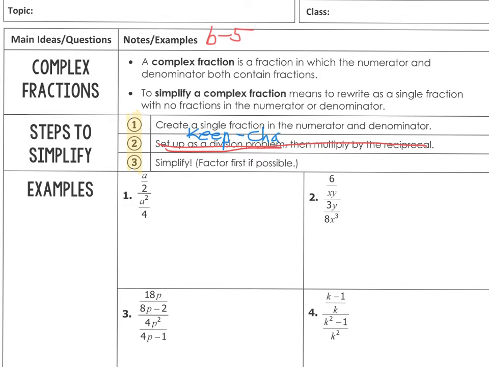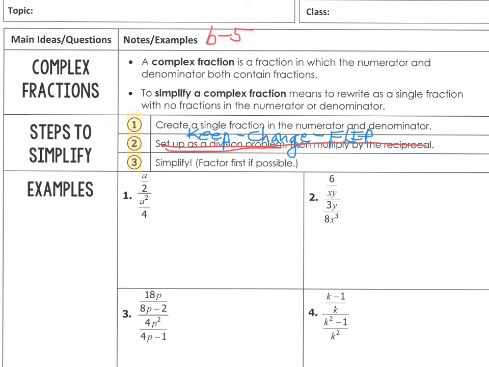I know there are people that hate that language, but for students it makes so much more sense. Keep, change, flip. And then simplify. Basically you're going to factor and cancel diagonally and vertically, and then you're done.